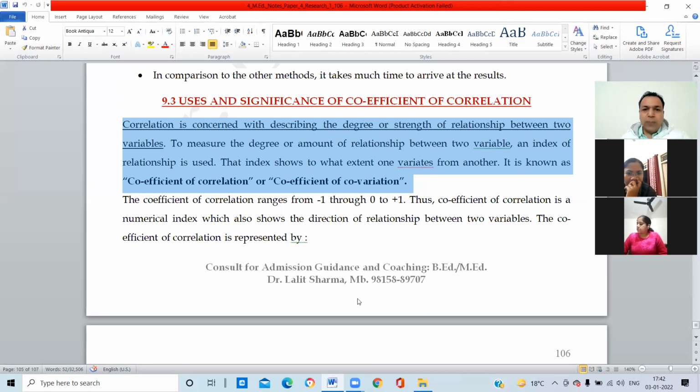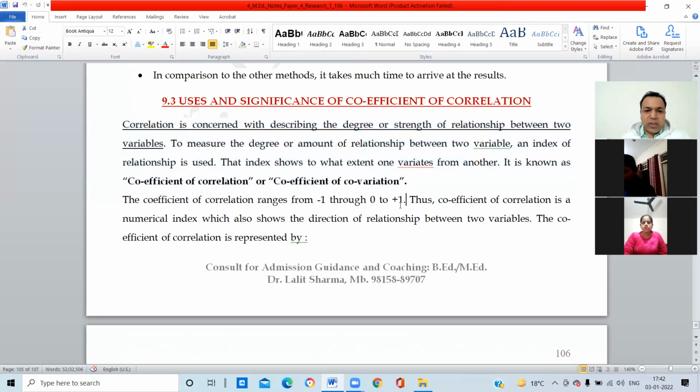That index shows to what extent one varies with another, and it is known as the coefficient of correlation or coefficient of covariation. And the range of a coefficient of correlation is from -1 to 1.